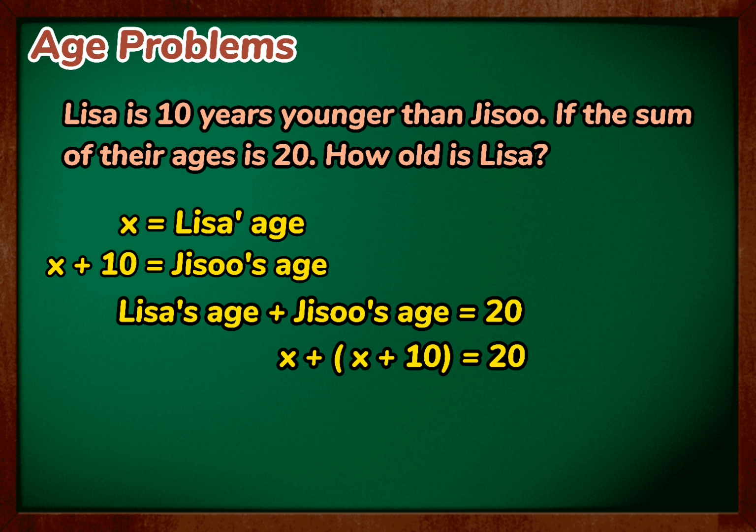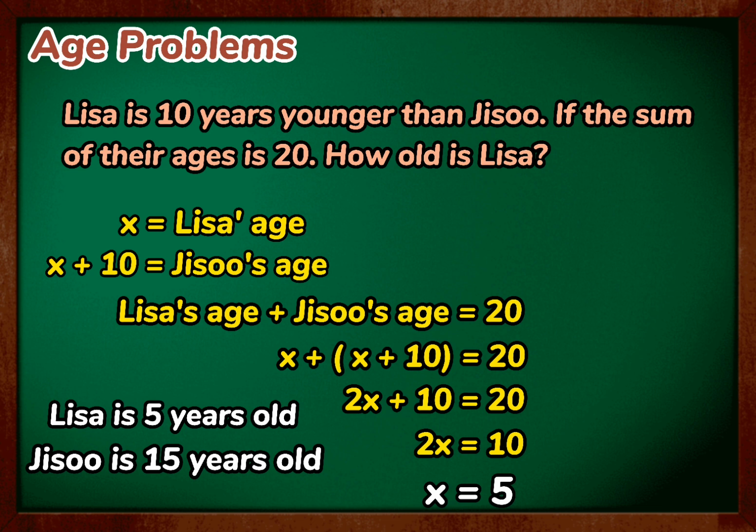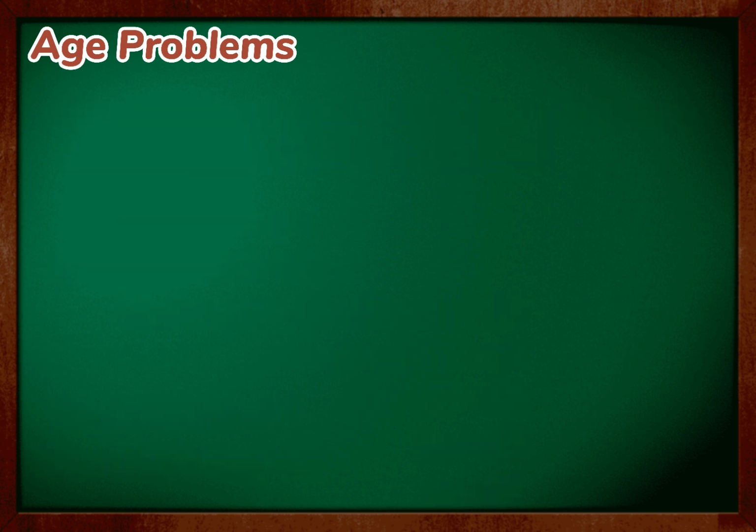That's 2x plus 10 equals 20. 2x equals 10, divided by 2. So x equals 5. So x is Lisa's age. Lisa's age is 5. And for Jisoo, that's x plus 10. Jisoo's age is 15.